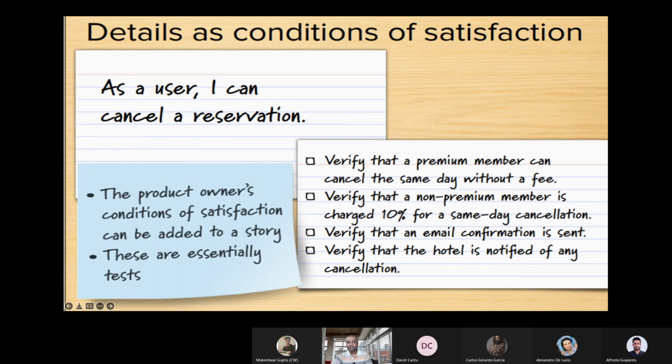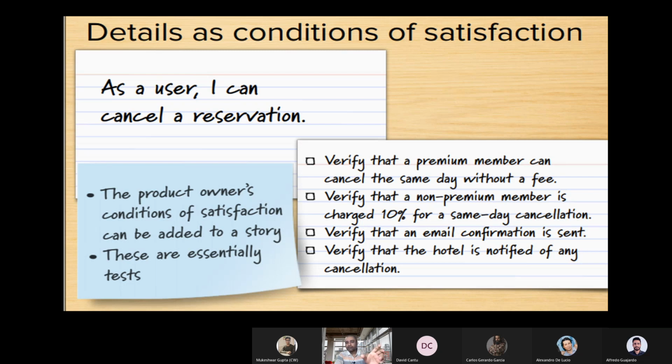So another example is whether your condition is satisfied or not. If we want to see that, the story was, as a user I can cancel a reservation. Now the product owner's conditions of satisfaction can be added to this story, and essentially those are the steps or the acceptance criteria.